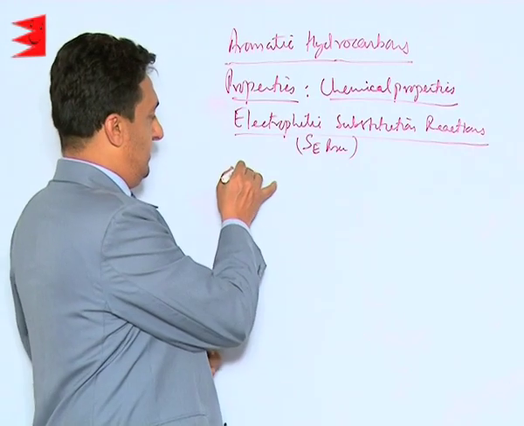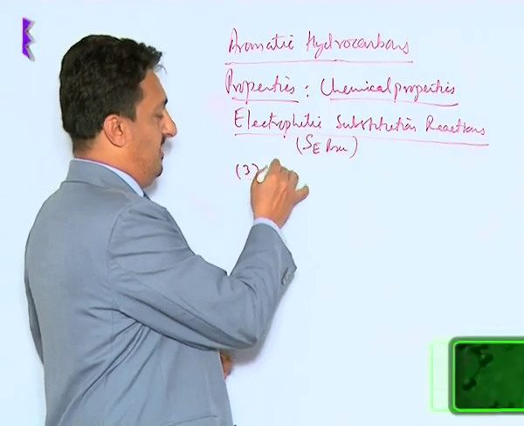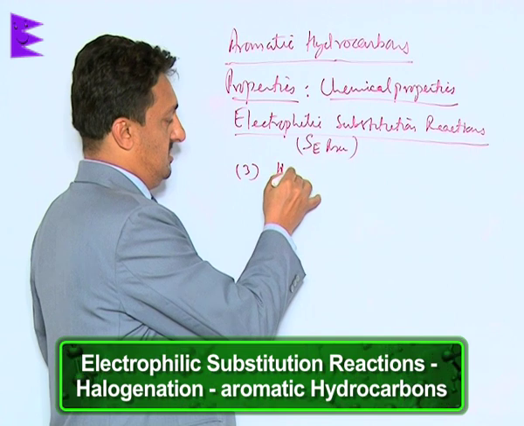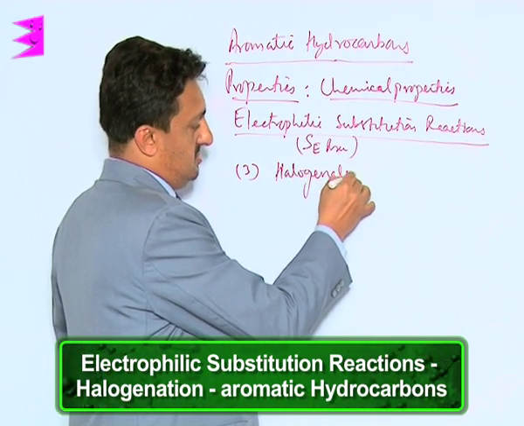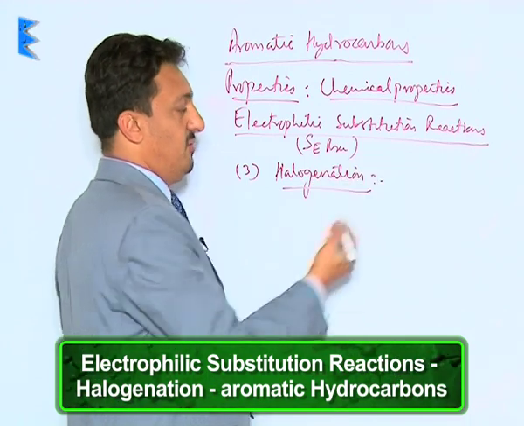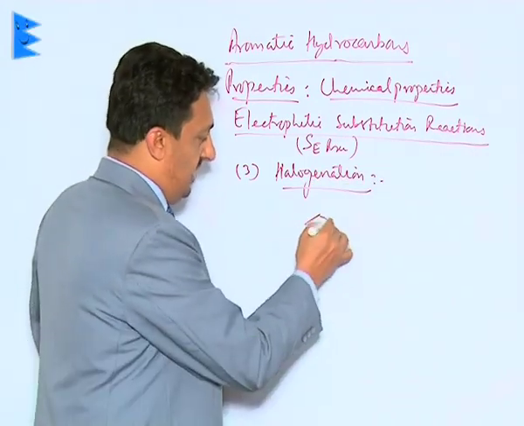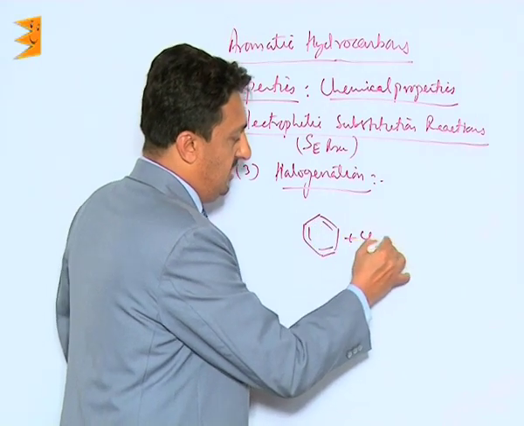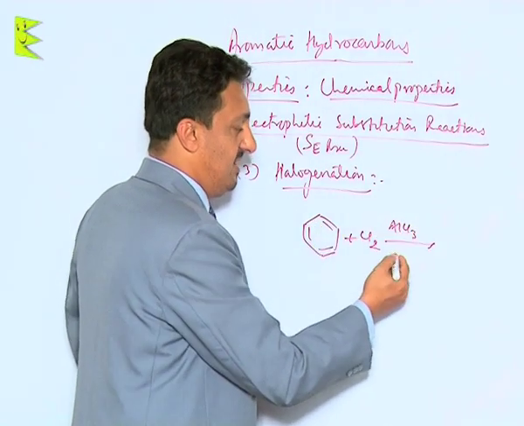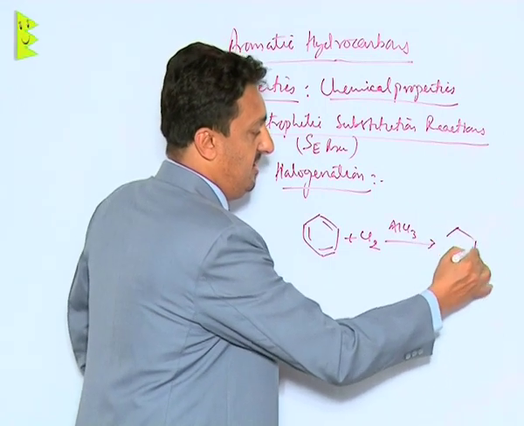The third electrophilic substitution reaction is halogenation. It's the introduction of a halogen. It is done by reacting benzene with chlorine in presence of anhydrous AlCl3 or FeCl3.